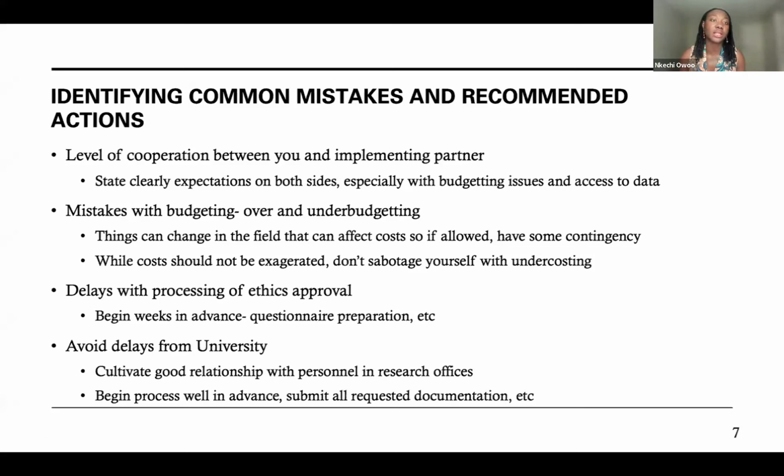You should also make sure that you allow enough time so that you don't delay with certain processes like ethics approval, already been discussed. Cultivate good relationships with personnel in your research offices, in your different universities, because we are all aware that it's a human institution. So you want to be sure that at least when you're sending these responses, you are respectful, you are giving what is required, all of that.